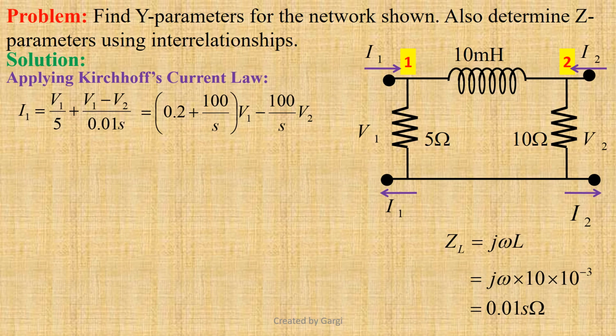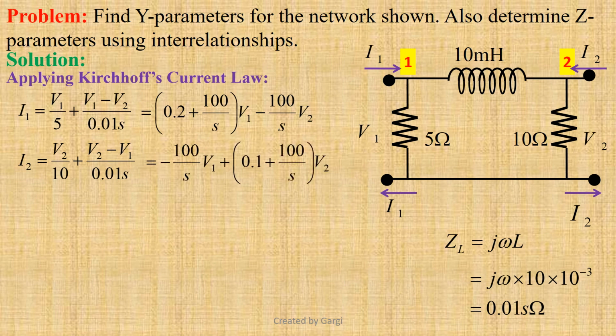Now, applying Kirchhoff's current law at node 2, we get I2 equals V2 by 10 plus V2 minus V1 divided by 0.01 S. Therefore, I2 equals minus 100 by S times V1 plus 0.1 plus 100 by S times V2.